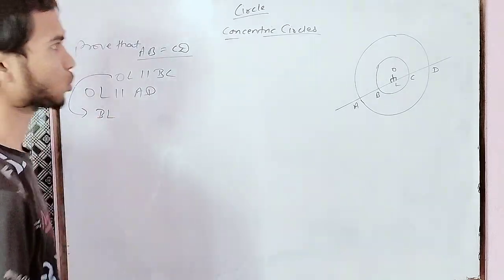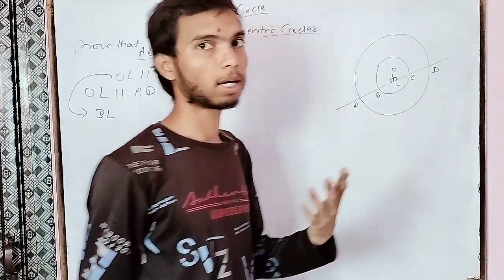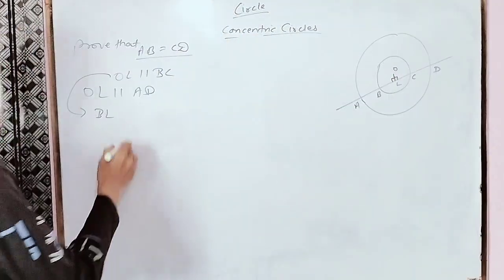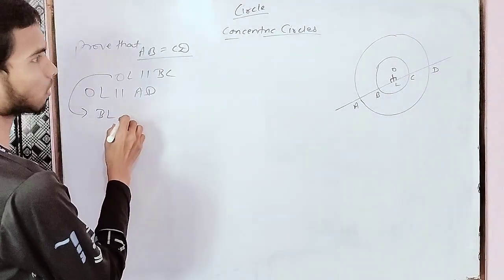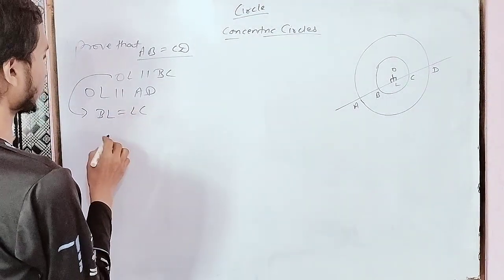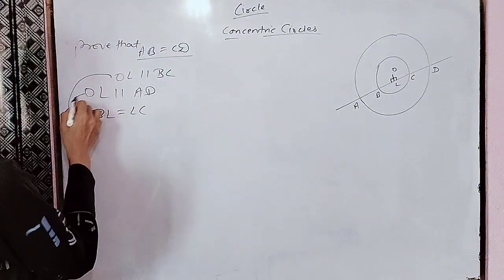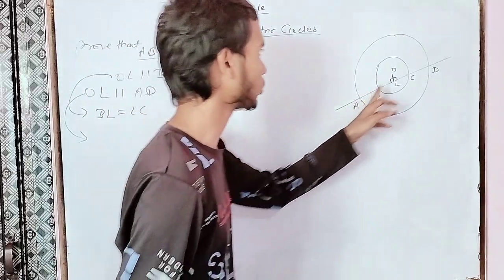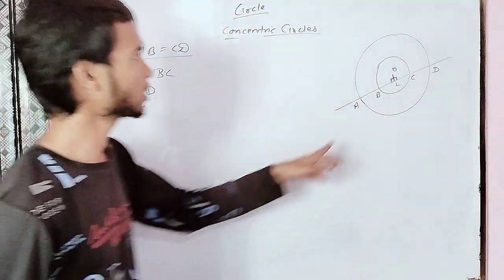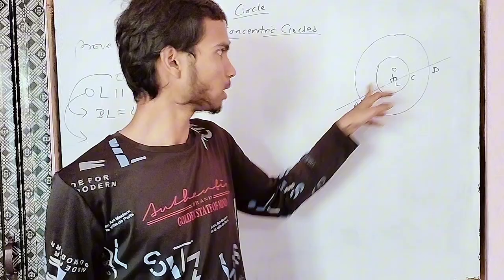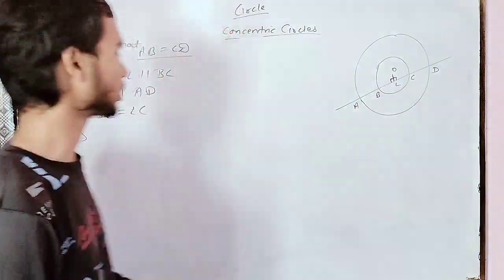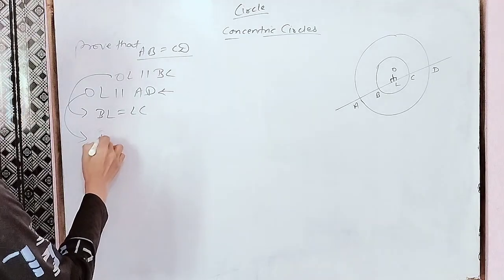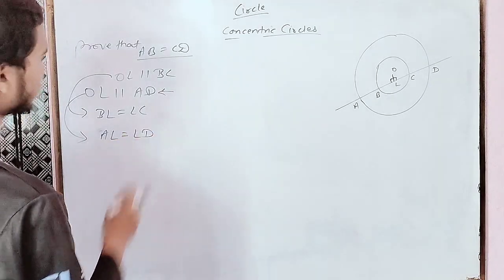As we know, OL is bisecting the chord BC, which means the measure of BL is equal to the measure of LC. Now OL is perpendicular to AD, so in this case it is bisecting too, so the measure of AL will be equal to the measure of LD.